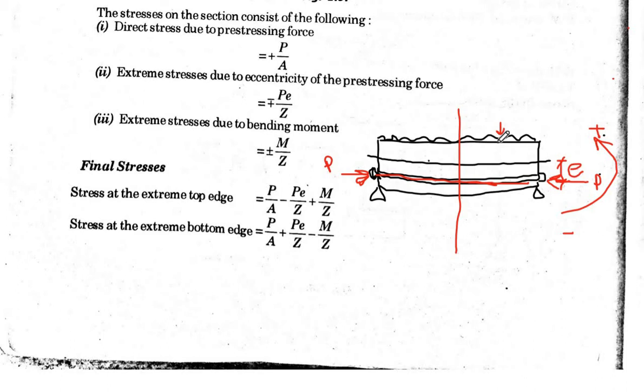Now due to this eccentricity, there will be another moment, which will be P into E. Because your tendon is below the CG, the moment is going to come in this way.